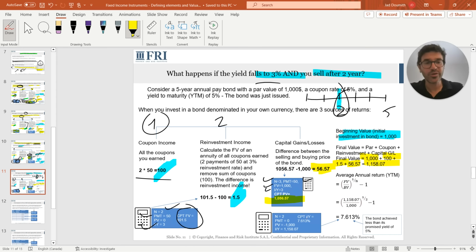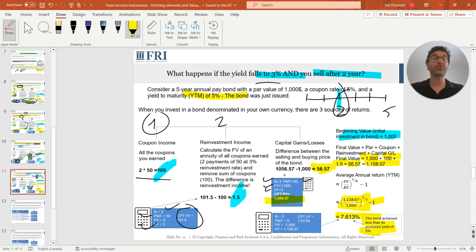Now you started with $1,000, which you grew to 1,158.07 over a horizon of 2 years, so raised to the power 1/2, remove the original capital. The bond achieved an actual return of 7.613% per annum, per year, over the 2-year horizon. Much, much more than the promised 5%.